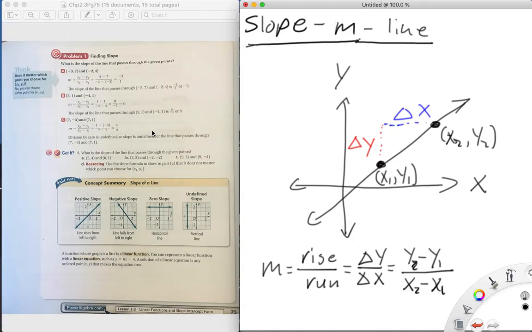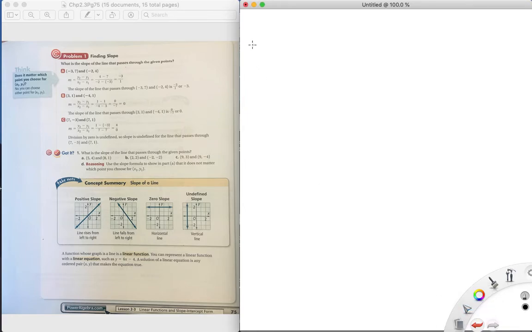Different types of slopes. The first type of slope, we can just have a positive slope.